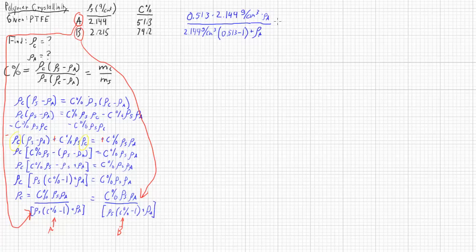Forgot to put that up there. Okay, then we'll set this equal to the crystallinity percent of B times the density of sample B, and that has to be multiplied by the density of the amorphous, and we'll divide all that by 2.215 grams per cubic centimeter.